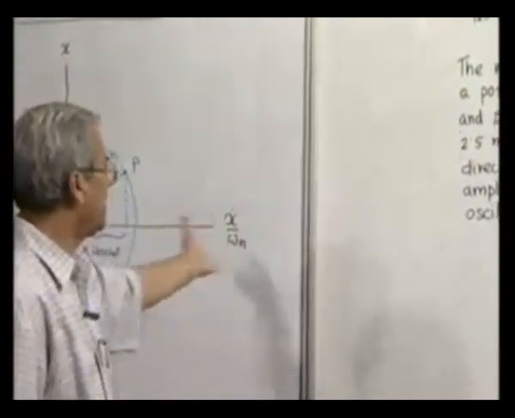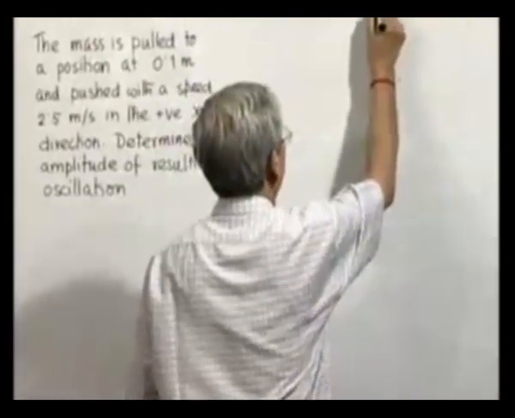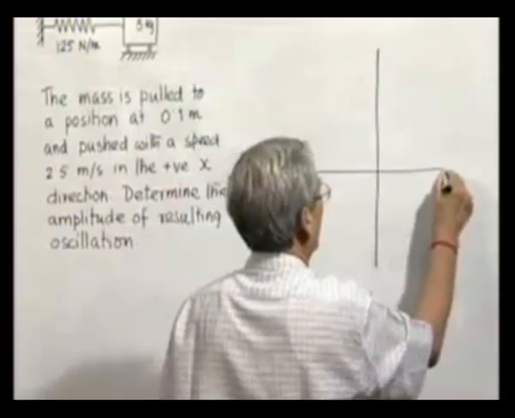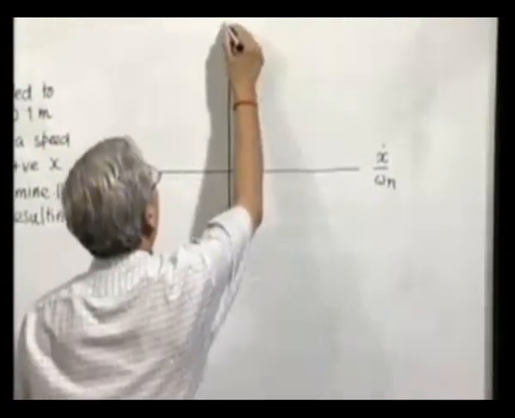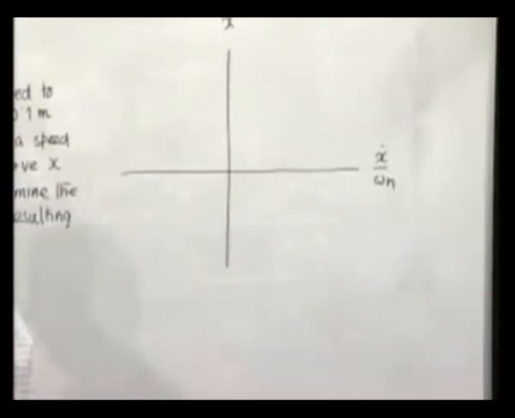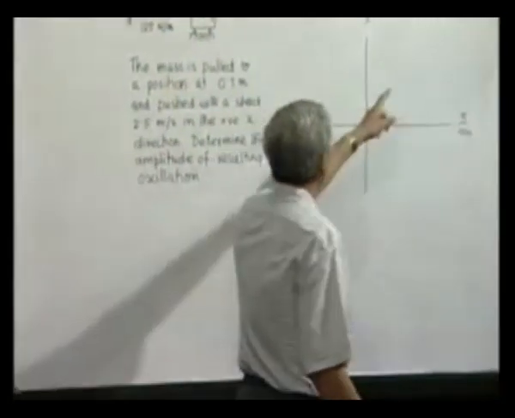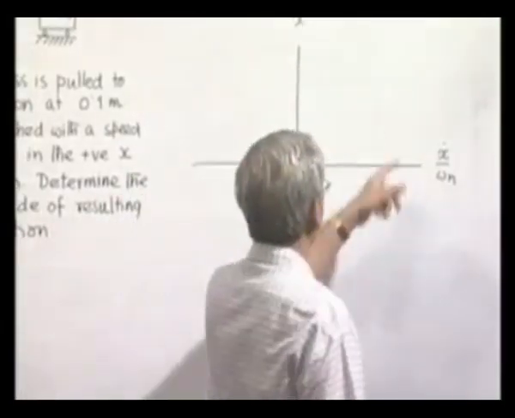Now we can solve the problem by other approach also, but the objective here is the use of the phase plane diagram. So if we can find a single point which represents the state of motion of the object, our job is done. Wherever the point is, the ensuing motion will have to be a circle with O as the center.